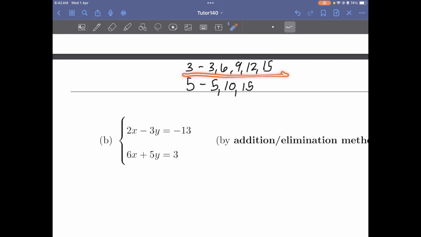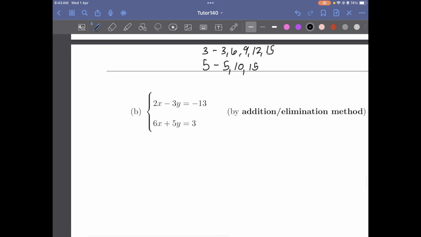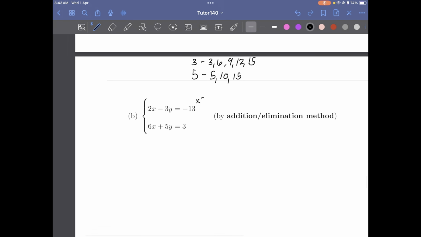To make 3 into 15, I have to multiply it by 5, so I have to multiply this entire equation by 5. To make 5 into 15, I have to multiply it by 3, so I have to multiply this entire equation by 3. So let's start off with the first one. Times 5, times 3.